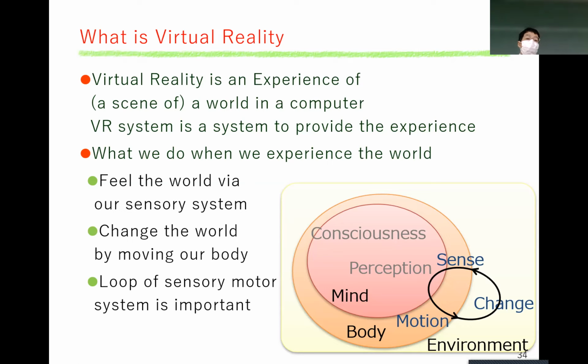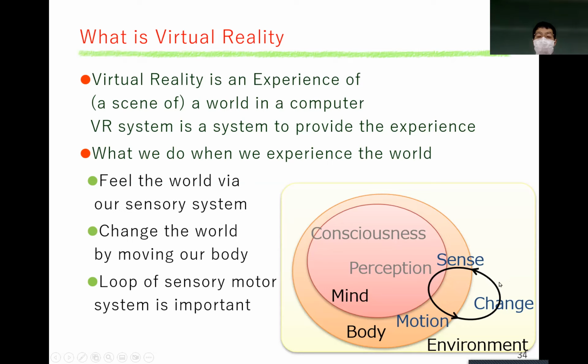So we need to consider how we perceive, how we recognize the real world. When we recognize or experience the real world, we utilize our sensory motor system. We feel the world via our sensory system. And the world is in our mind, not in the outer environment.